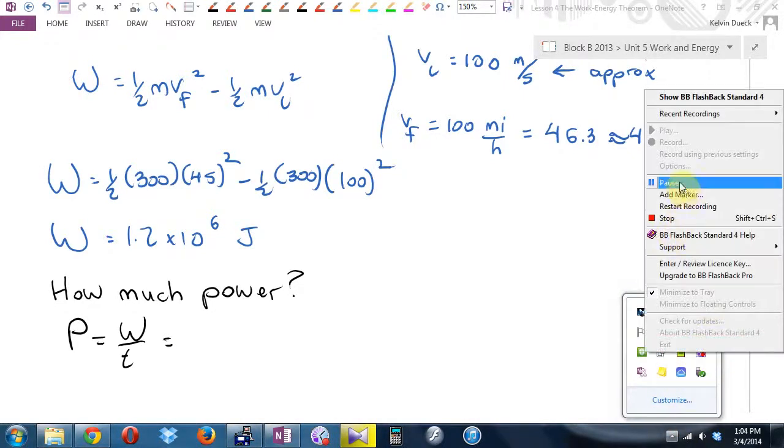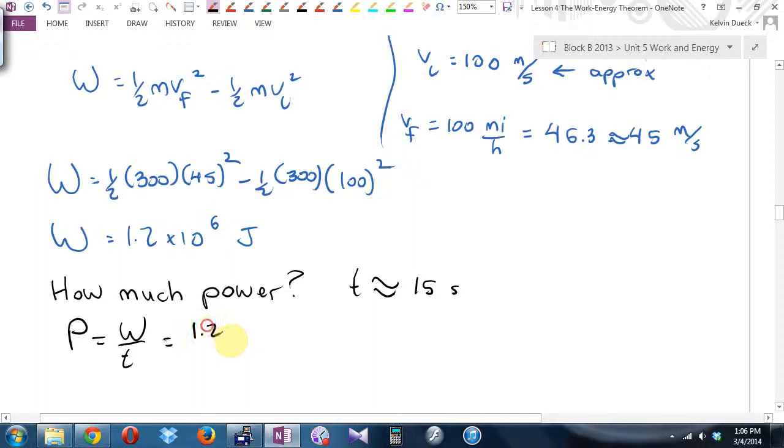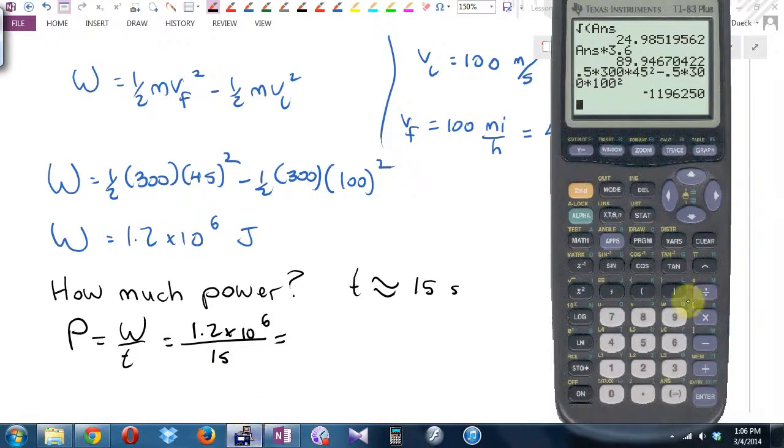Pause the video. So it looks like from the video, the time elapsed is, by the way, that's the abbreviation for approximately equal to. Instead of two parallel equal lines, you do squiggly lines saying it's close to that. So this should be 1.2 times 10 to the 6th divided by 15, and I'll just times by -1 to get rid of the negative.